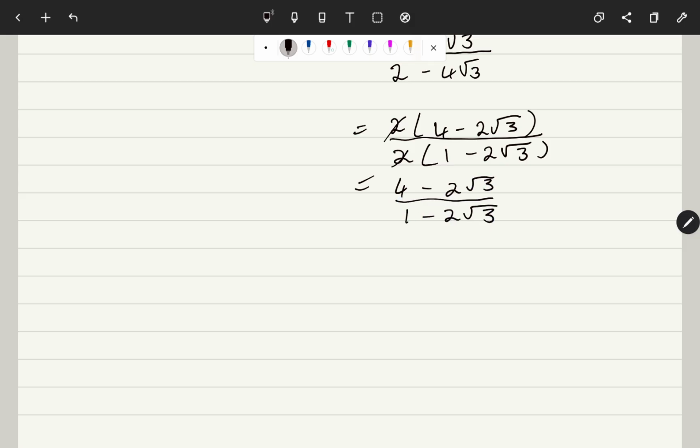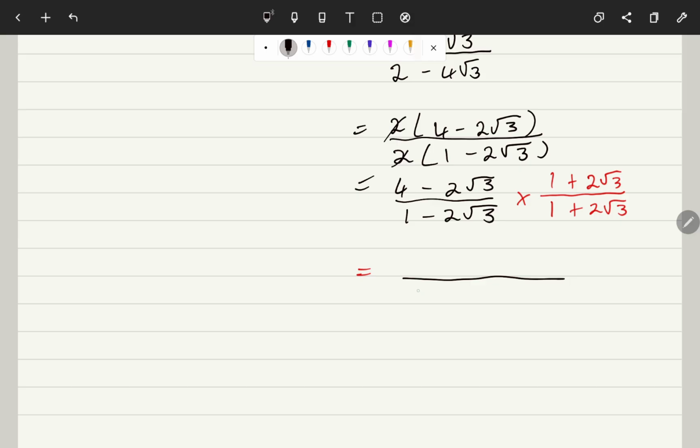Now, this is the part where we're going to rationalize our denominators because they have surds within them and we don't want that. So remember, to rationalize, it's just going to be 1. We have a minus, that means here it's going to be positive. And just like that. Then, of course, it's easier to work with our denominators from there.